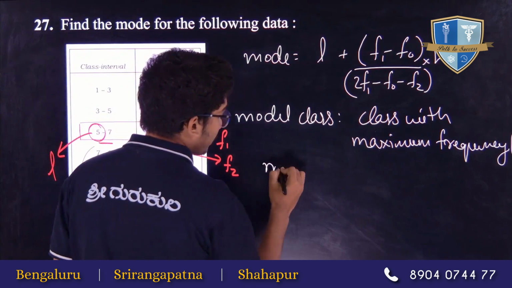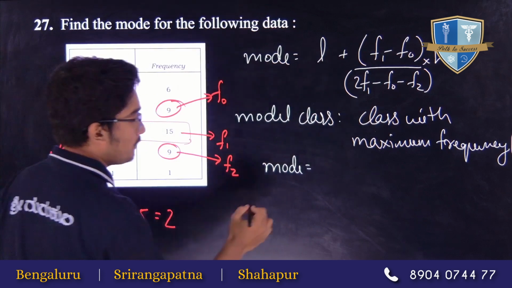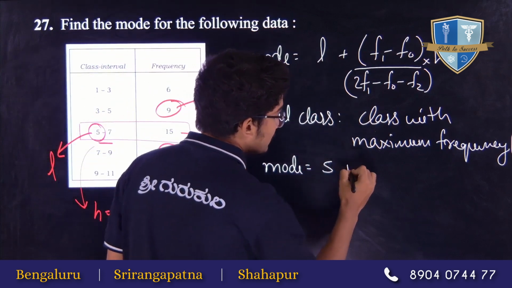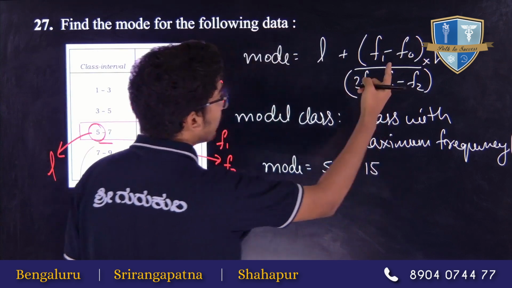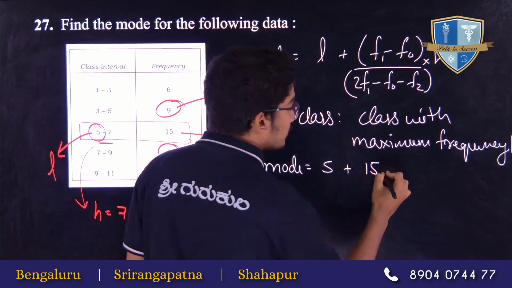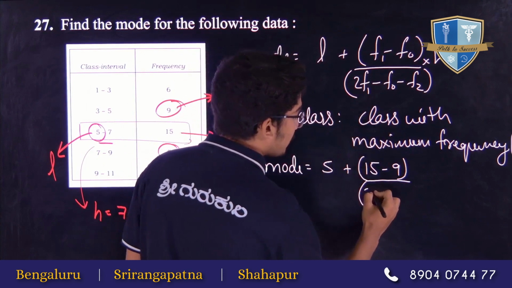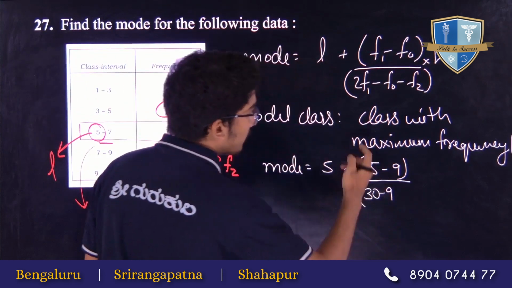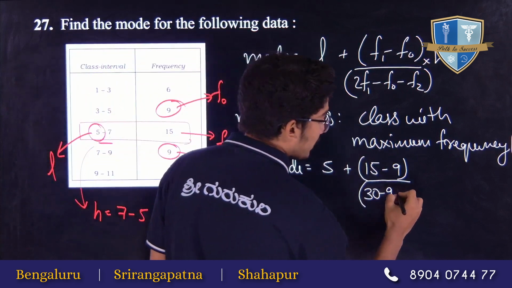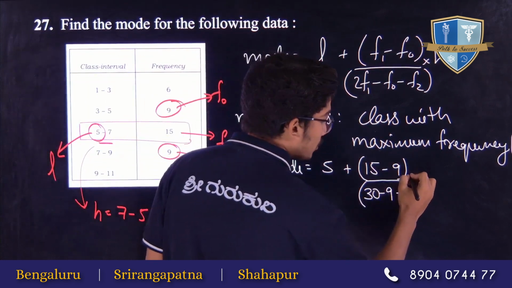So mode will be equal to, instead of L, what will we write? 5, plus, instead of F1 we will write 15, instead of F0 we will write 9. Correct? Divided by 2 times F1, which is 15 times 2, 30, minus F0 which is 9, minus F2 which is again 9, into H, which we found as 2, so into 2.